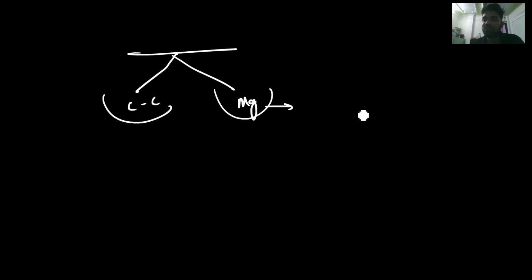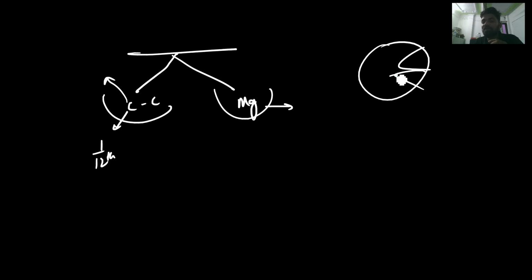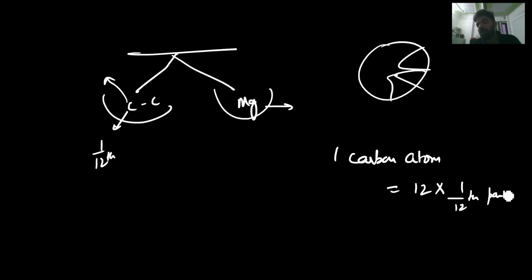Why? Because we have not chosen a whole carbon atom as the standard mass. We have just chosen its 1/12 part. So one complete carbon atom is going to have 12 such parts, that is, 12 times the 1/12 part of a carbon atom.